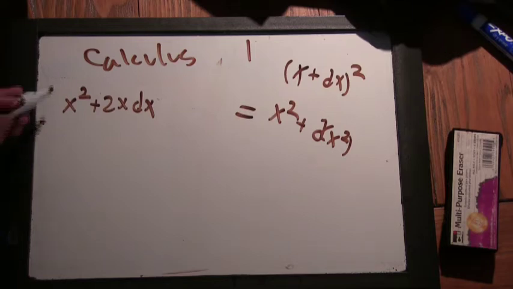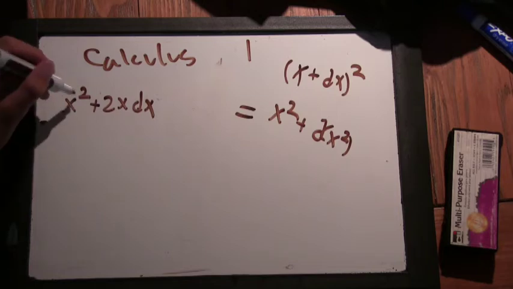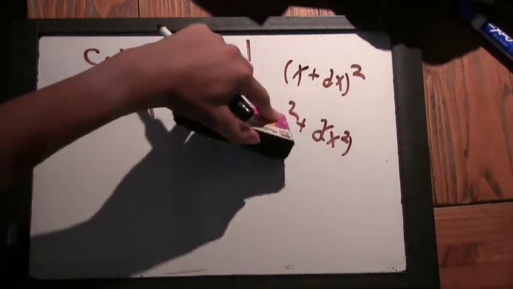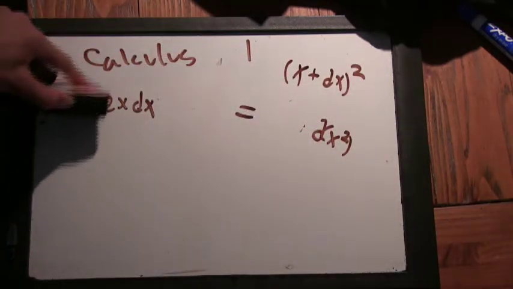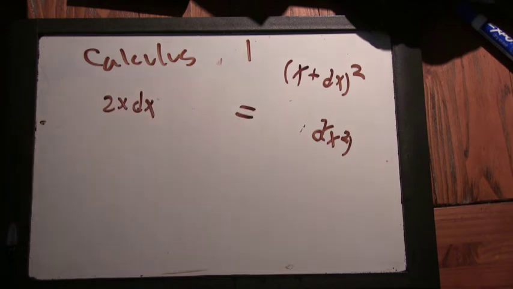And so we have x squared plus 2x dx equals x squared plus d of x squared, which means we can subtract away the x squareds from both sides, and we get 2x dx equals d of x squared.